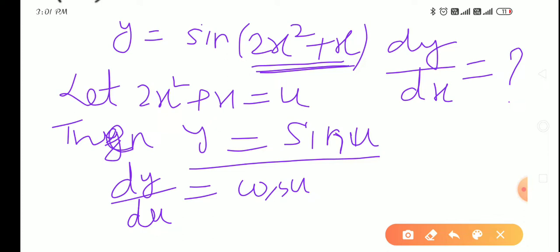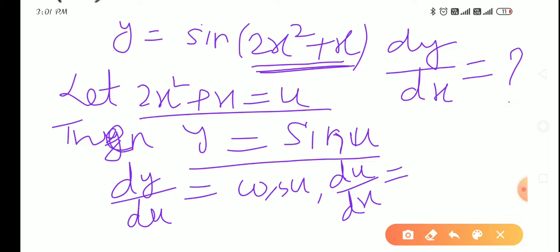Clear? Now you can differentiate this u with respect to x, so it will become du upon dx equals 4x plus 1.